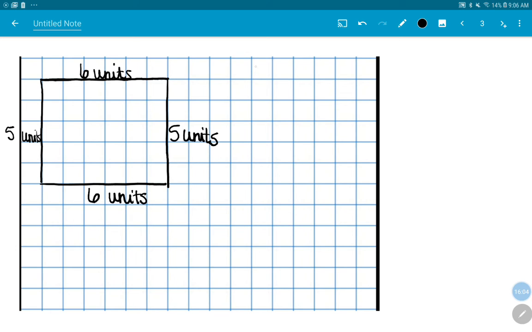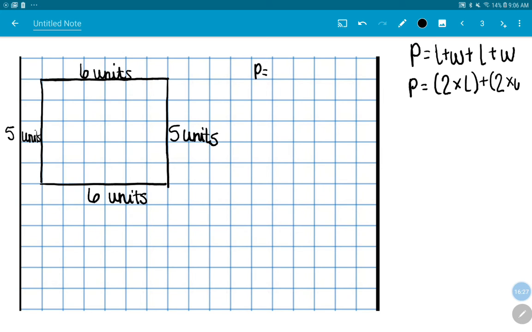To find the perimeter, I'm going to add all the sides. Remember, we have 3 different strategies or formulas we can use. We can do length plus width plus length plus width. We can do 2 times the length plus 2 times the width. Or I can add the length plus the width together and multiply that by 2.